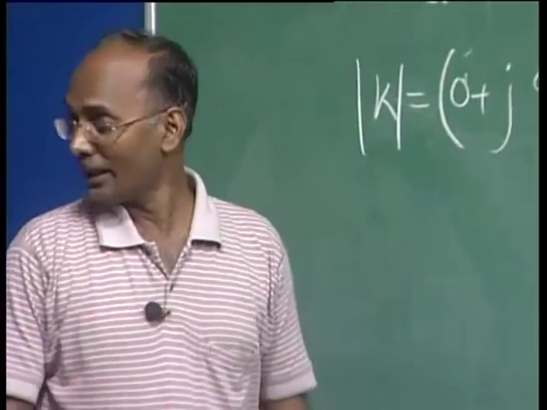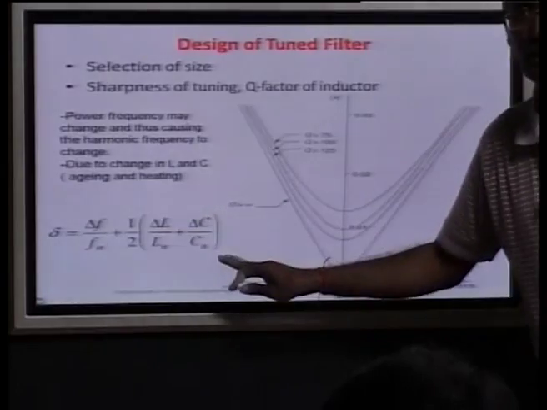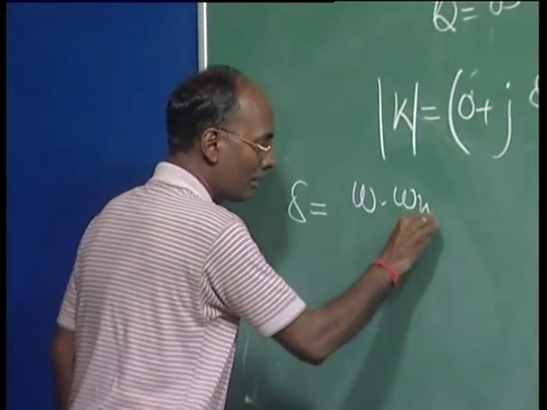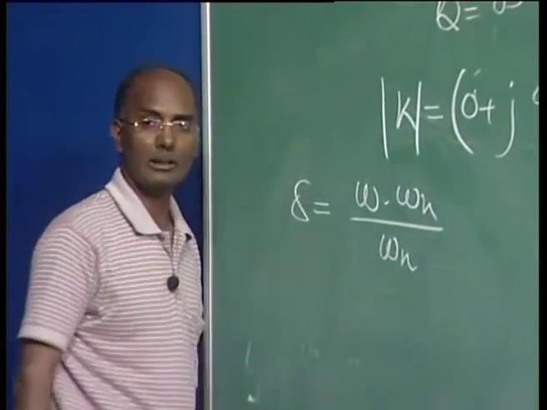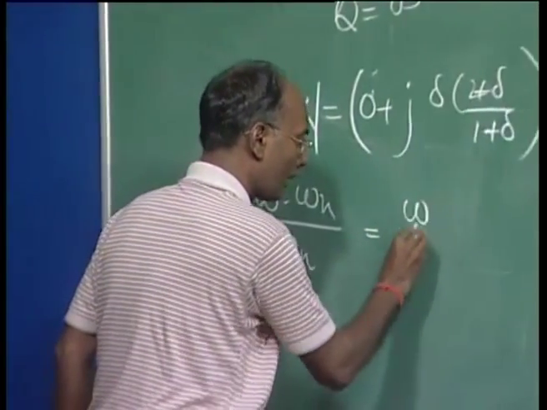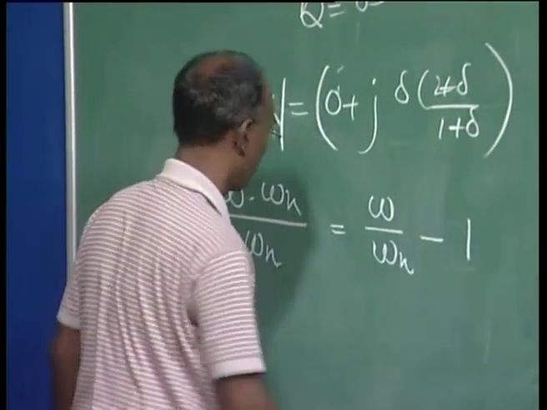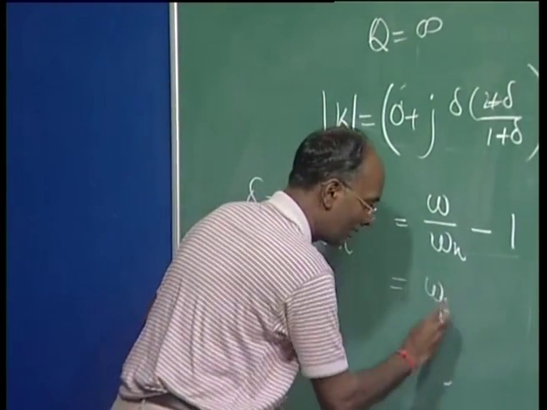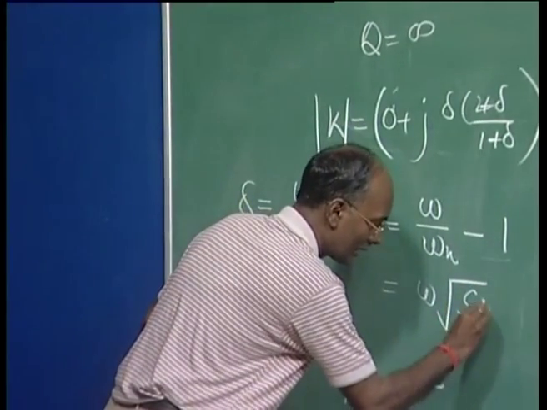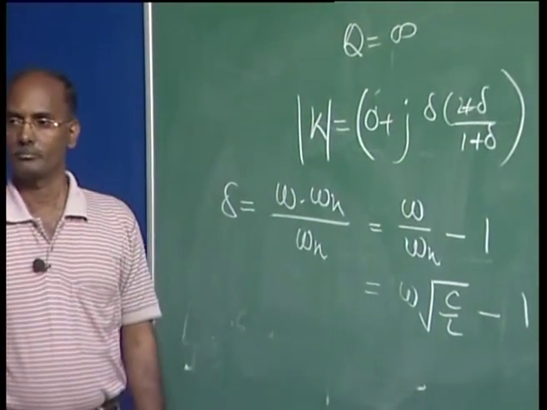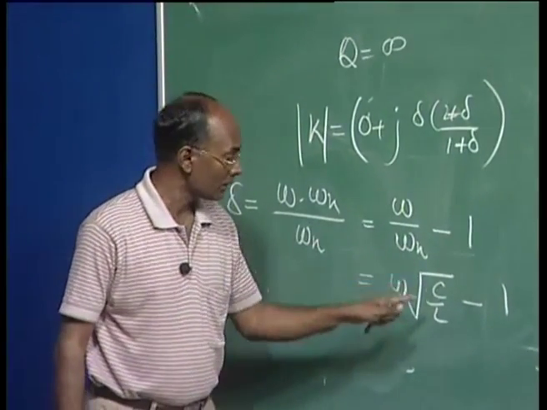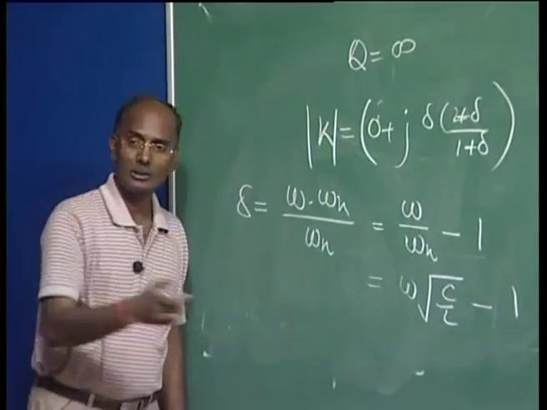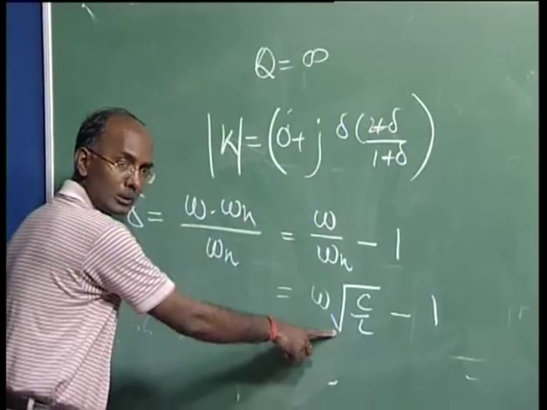Now why is this happening like 1/2? This is defined as omega minus omega n divided by omega, which is nothing but omega by omega n minus 1. Here omega n, we define as root of L upon C. Now you can use this change term; this term is under root, that is why 1/2 is coming.